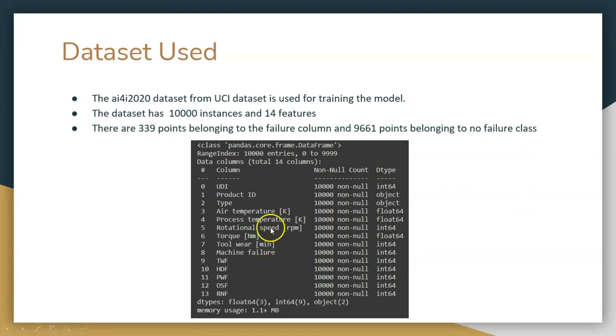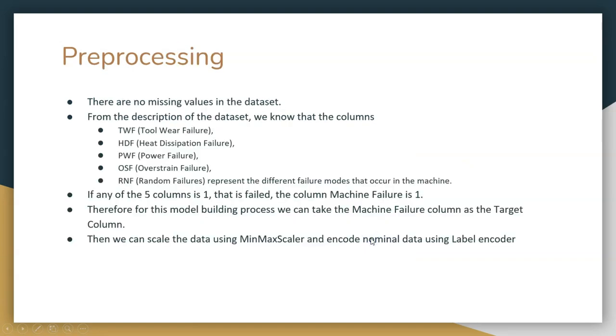So these are the fields that are there in our data set. Okay, there are no missing values, which is good. We know that the columns, right? Tool wear failure, heat dissipation failure, power failure, overstrain failure, random failures. These represent the different failure modes that can happen in a machine. If any of the 5 columns is one, that is, a failed scenario, the machine failure is one.